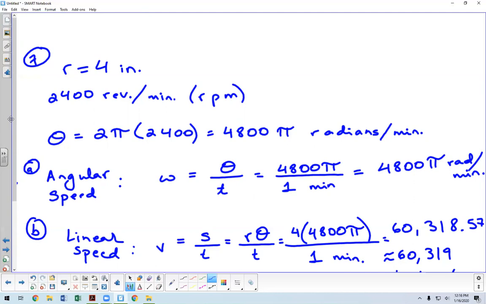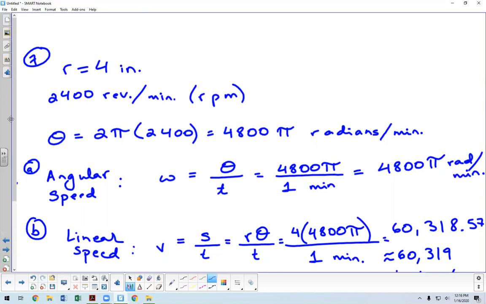So if one circle is 2 pi, then 2,400 of those will be 2 pi times 2,400, but we're not just doing a pi calculation here. We're just multiplying the numbers, leaving the pi as it is. This comes out to be 4,800 pi, which is about 15,079 or almost 15,080 degrees that it's covering in that 1 minute, right?